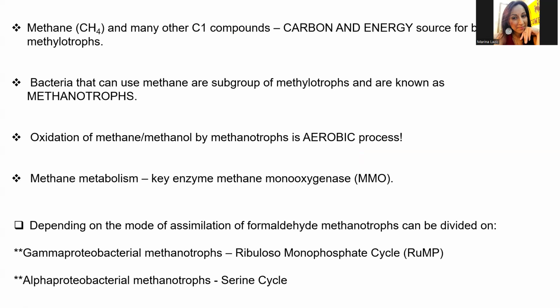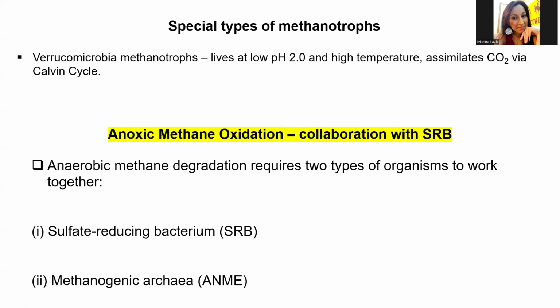You have ANME, which is also methane oxidation, but it is anaerobic, and you have Candidatus Methylomirabilis oxifera, which is also anaerobic, but it's also using methane. The difference is respiring. Depending on the mode that methanotrophs assimilate this toxic formaldehyde, you have the RuMP cycle gamma methanotrophs and the serine cycle alpha methanotrophs.